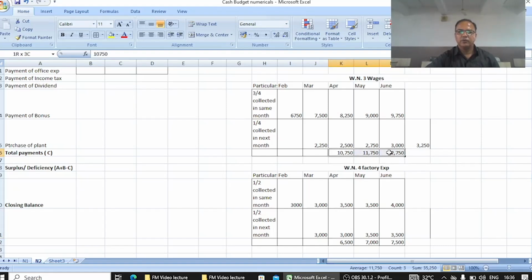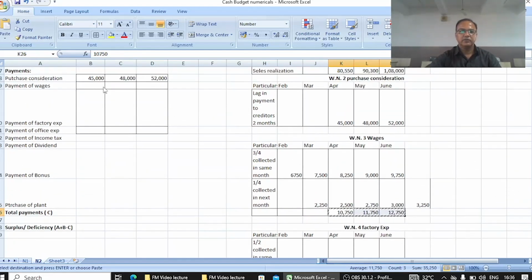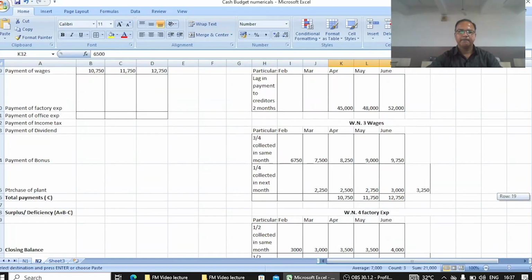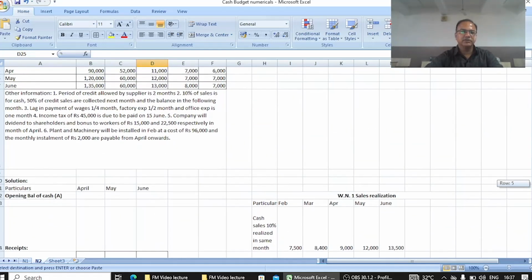Now wages. Factory expense. Office expense is paid after 1 month.